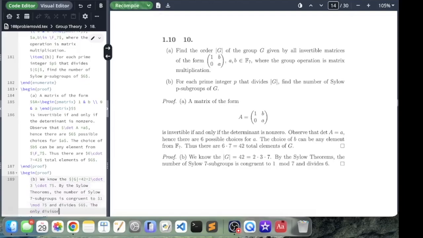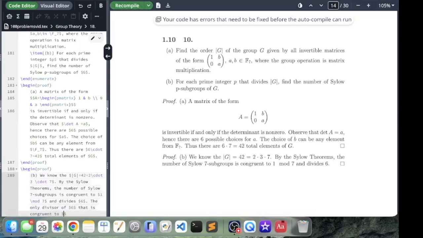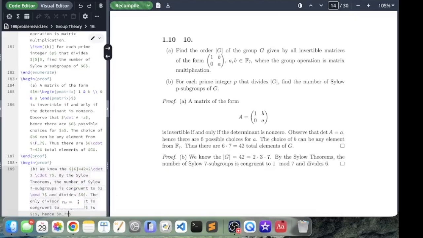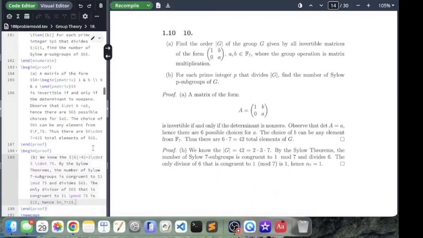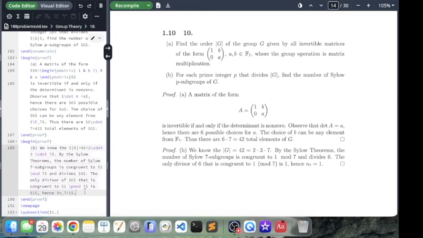The only divisor of 6 that is congruent to 1 mod 7 is 1. Hence, the number of Sylow 7 subgroups is 1. Okay, that's the easiest one. Now we want to think about 3.